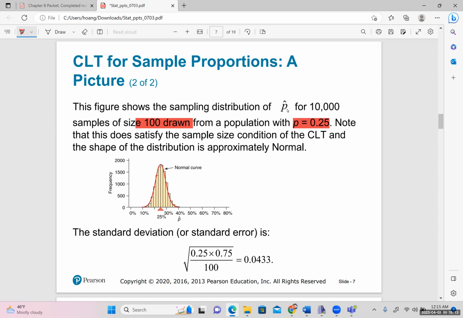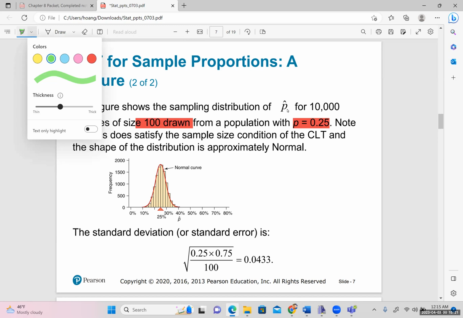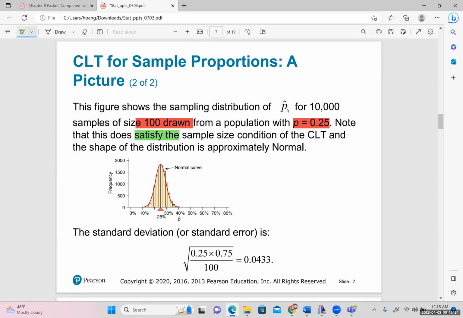As you see, this one satisfies the sample size condition of the CLT, and the shape of the distribution is approximately normal. So the standard error can be found as the square root of 0.25 times 0.75 divided by n, which is 100 here, and it's going to be 0.0433.